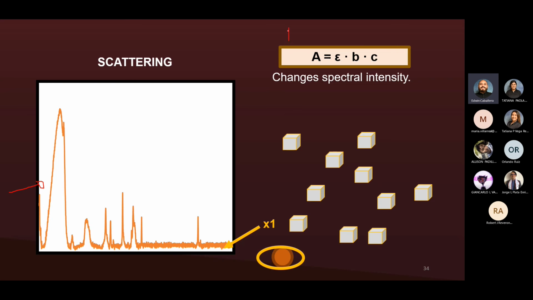However, it's a problem that can be identified by Beer's law, which dictates that the absorbance of a spectrum is dictated by the absorptivity, which is simply a constant, by the concentration, and the trajectory of the light. Normally, you have this one as a constant, and this one as a constant.